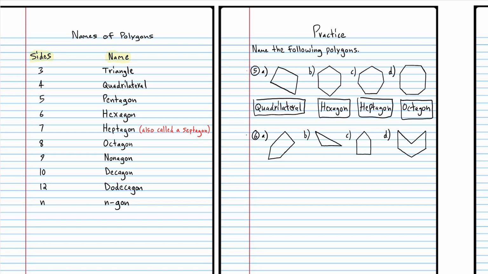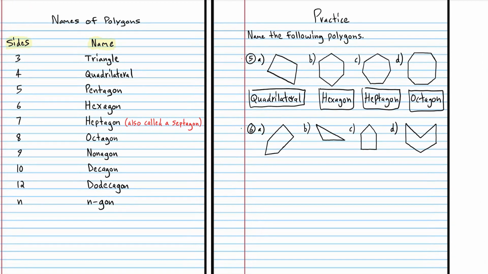All right, we're back. This polygon has 1, 2, 3, 4, 5 sides, so that would be called a pentagon. And the next polygon has 3 sides, so that would be called a triangle.